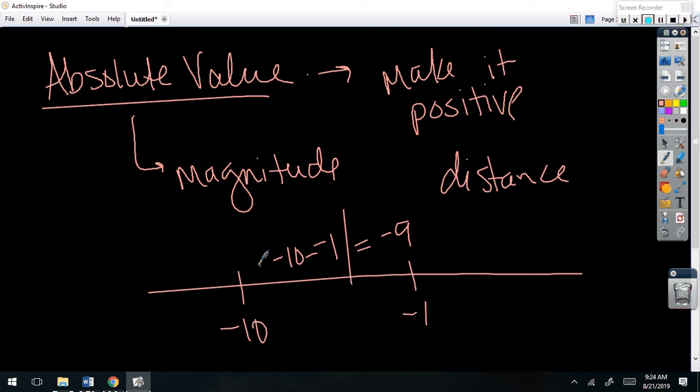So what we do is take the absolute value. The distance between those two numbers is 9 units. Does that make sense? You could count those and look at it, but we just keep absolute value because distance is always positive. Everybody good on that?